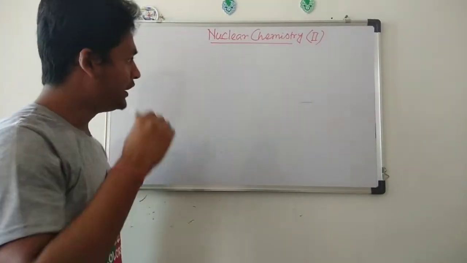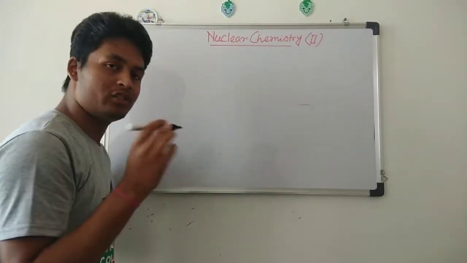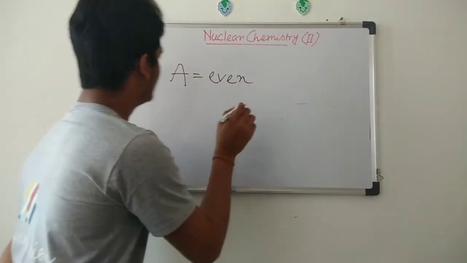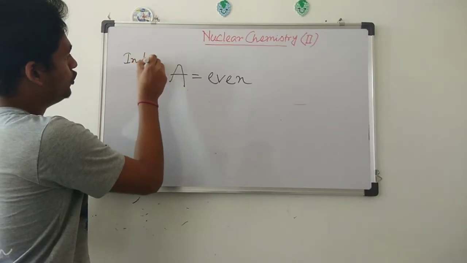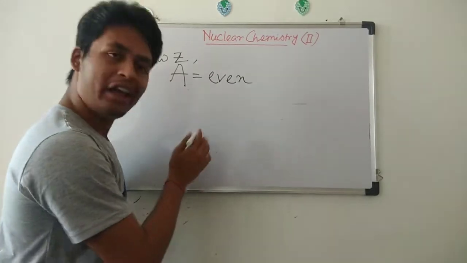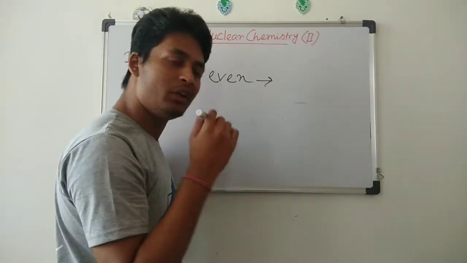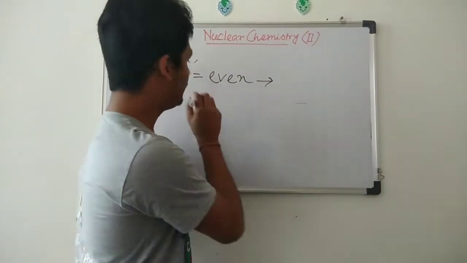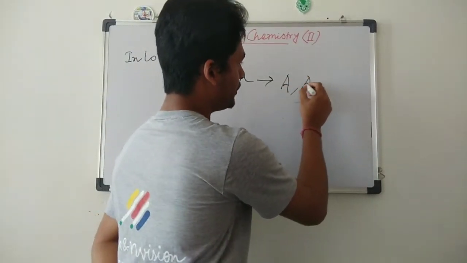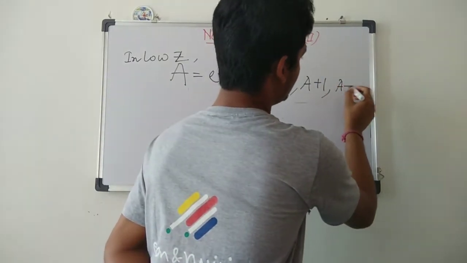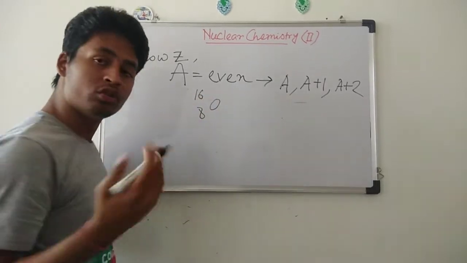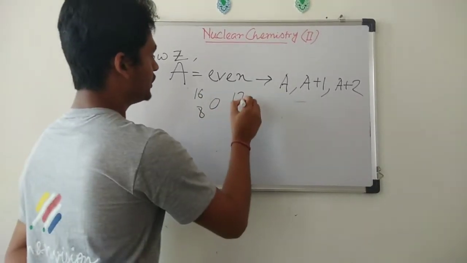In the low atomic number region, low Z, if A is even, listen carefully, that nuclide has 3 isotopes with mass numbers A, A plus 1 and A plus 2. Again, the example I can take, oxygen 8, 16. What are those other isotopes? That is again 17 and 18.